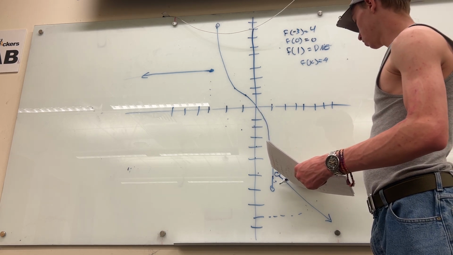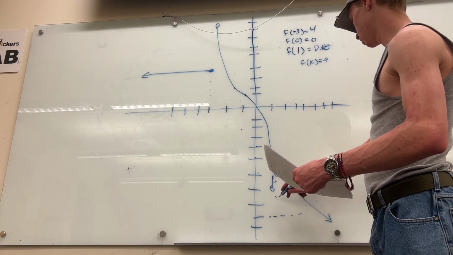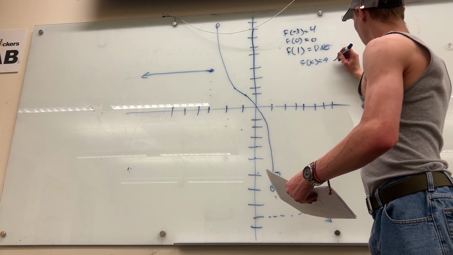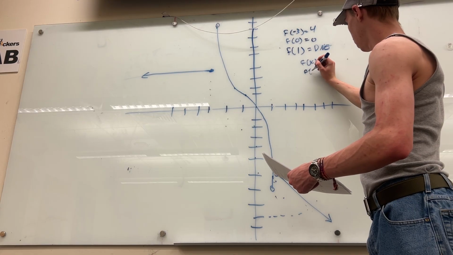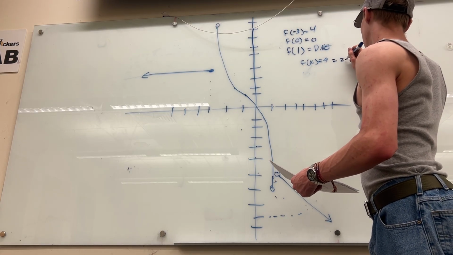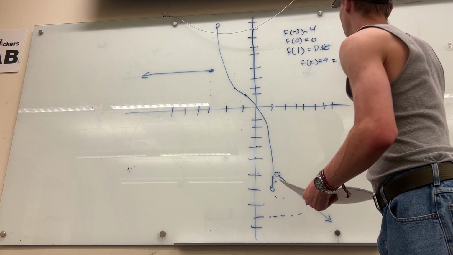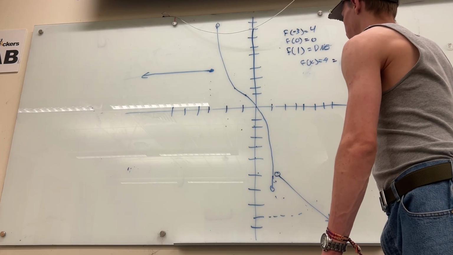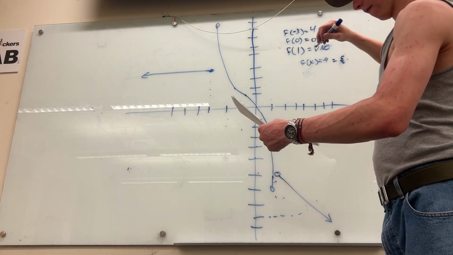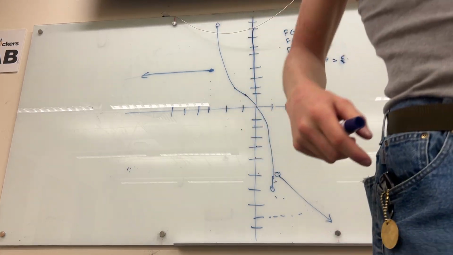So 7, 8 means that's 2. So it is 2.5. f of, well, yeah, x equals 2.5, which is what? 5/2. Yeah, 5/2. Test 1, question 9. There you go.